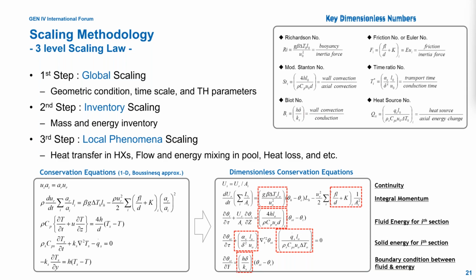Lastly, local phenomena scaling is done to assure the proper heat transfer, flow, and energy mixing, heat loss, and so on. On the right top side, the 6 important non-dimensional numbers are shown. Next slide, please.